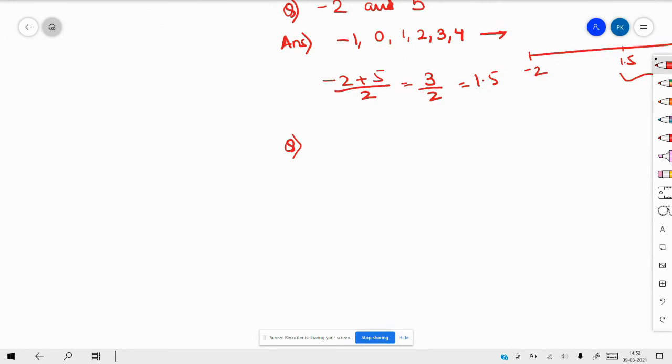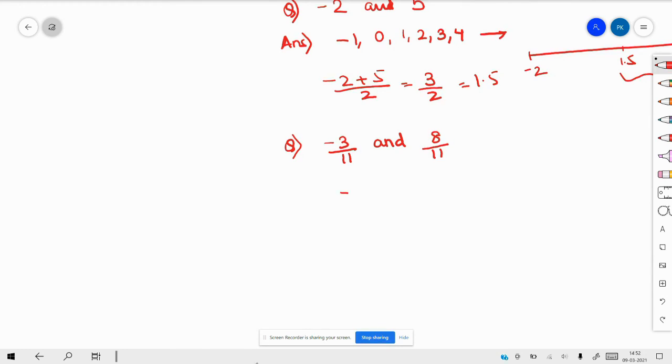Now another kind of question that comes is, find 10 rational numbers between minus 3 by 11 and 8 by 11. Here, if you observe, you already have 10 rational numbers between them. But suppose the question is to find 100 rational numbers between minus 3 by 11 and 8 by 11.